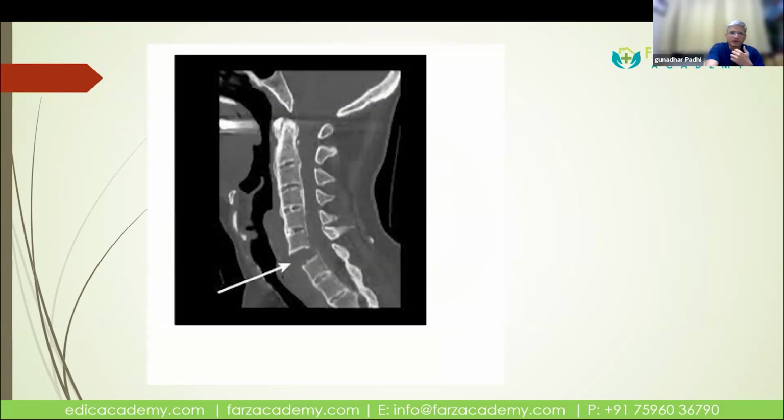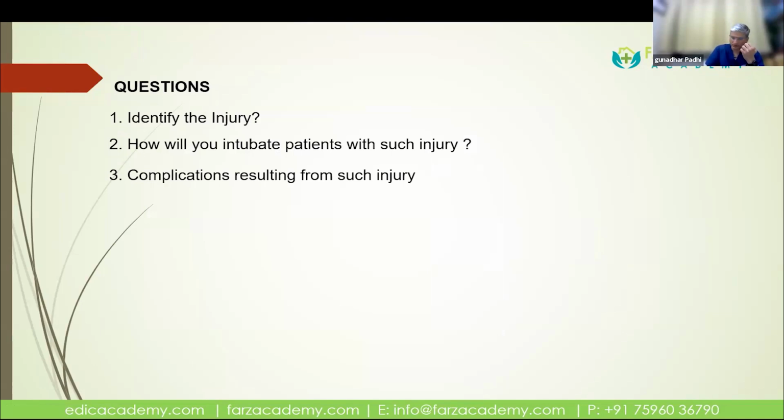Okay. How do we intubate this patient? Of course, she will need cervical stabilization, inline stabilization. In addition, a video scope, if available. I need the most experienced person in dealing with this kind of case, usually a senior anesthetist in addition to a senior intensivist.